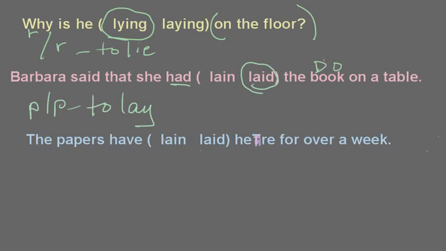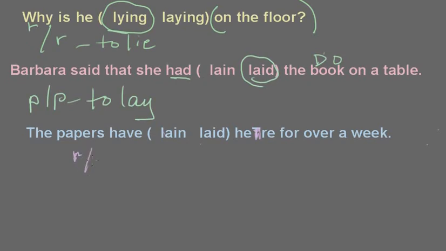No. Have placed here? No. So, have they rested there? Yes. So we have rest or recline, which means to lie is the verb we need. We have a helper that sets up the past participle, which is lain. And we are done.